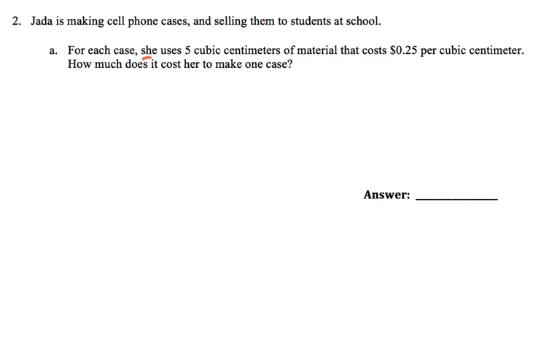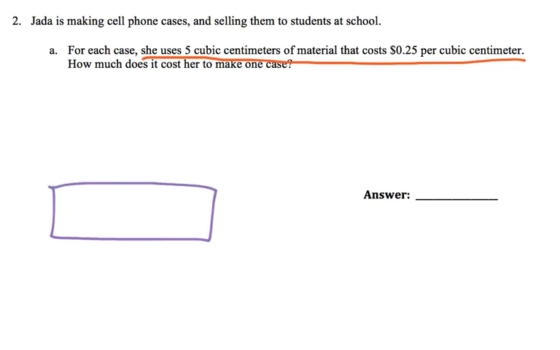That is a little confusing, and I use that because that's state test language. But let's make sense of it. It's almost like Jada is buying a material, and this material she's going to cut up and decorate and use to make her actual cell phone cases.